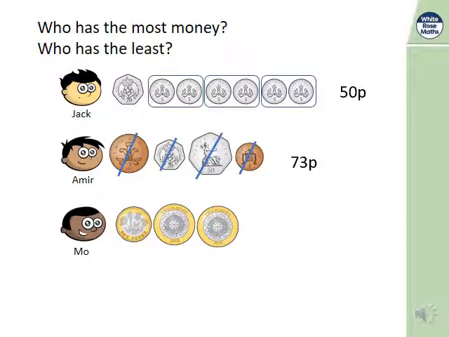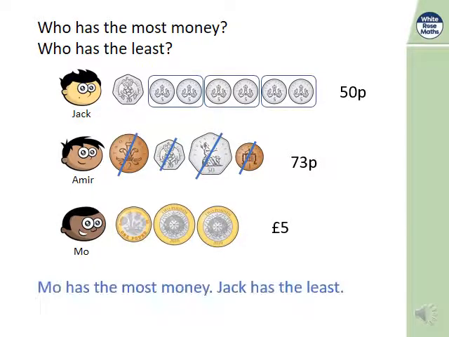So we would have done 50p, 20p, 2p, 1p. And then Mo, he has a £1 coin and 2 £2 coins. So he has £5. So Mo has the most money, Jack has the least.